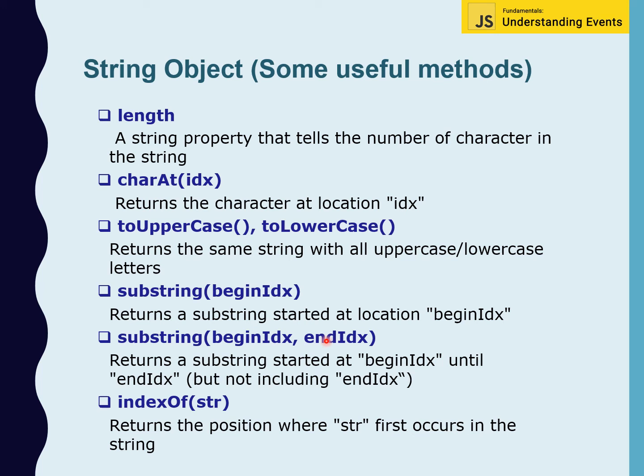Then substring with begin index and end index generates a substring which starts from the begin index up to the end index, but the end index character is not included in the substring. Then indexOf(str) returns the first occurrence of str in the corresponding string.